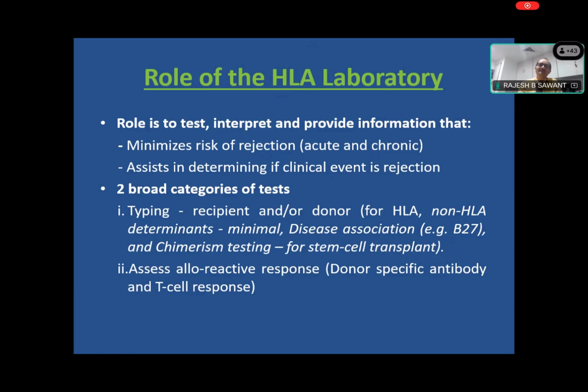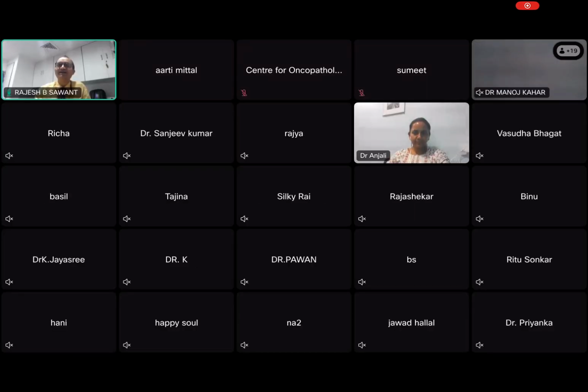So pre-transplant, we do certain HLA based tests just to be sure that the transplant we have planned is going to be successful and acceptable immunologically, and then after the transplant we monitor the patient proactively for various events like rejection, acute rejection, chronic rejection, etc. Right?